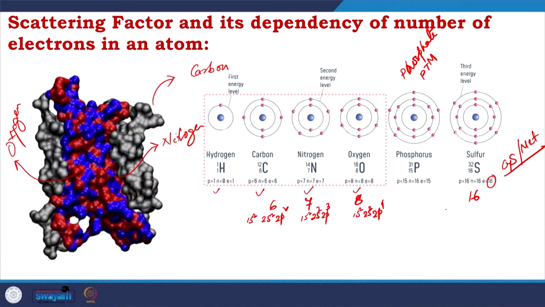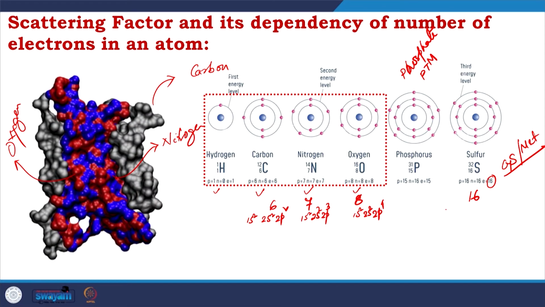So, what I am trying to say is, in the protein, for the major population, you will not get any significant difference in terms of scattering. That is a problem, especially when you want to find a reference, and later when we go to the phase problem, I will show you why that is a big problem and how we solve it.